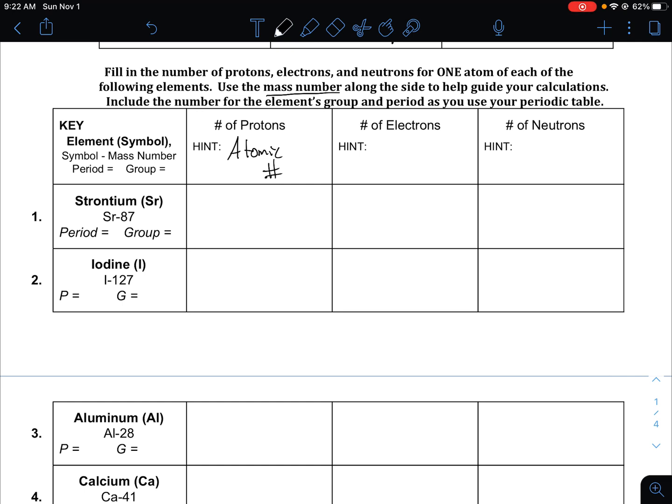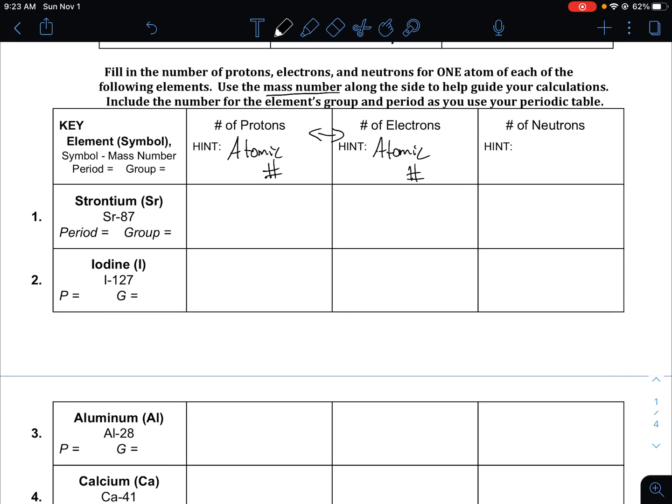Number of electrons. This is kind of an interesting one. If everything on the periodic table is a neutral atom, that means that everything on the periodic table, as it's found on the periodic table, has the same number of protons and electrons because it's neutral, right? So that means that this is also the atomic number, which is pretty easy for us because these two are going to be the same.